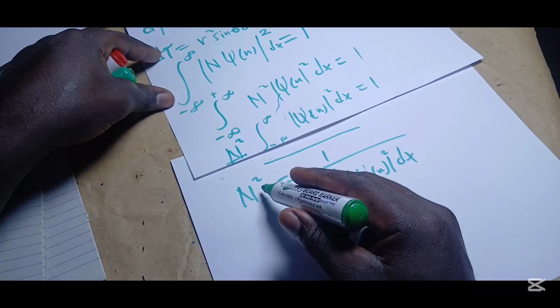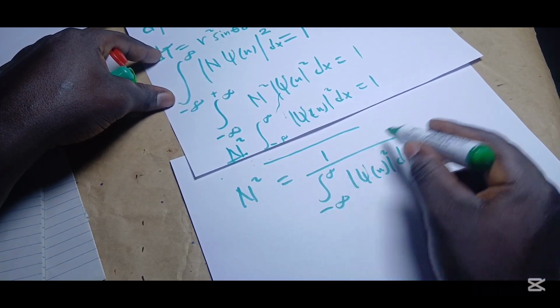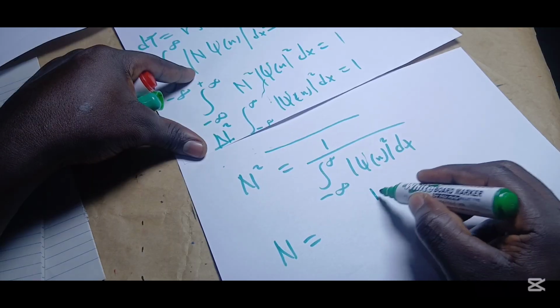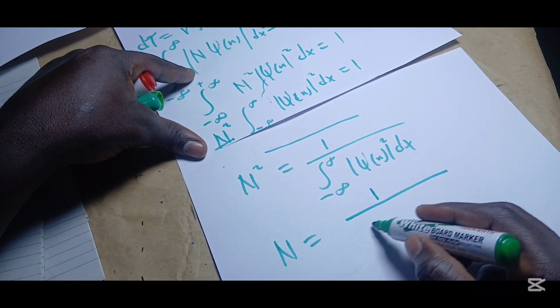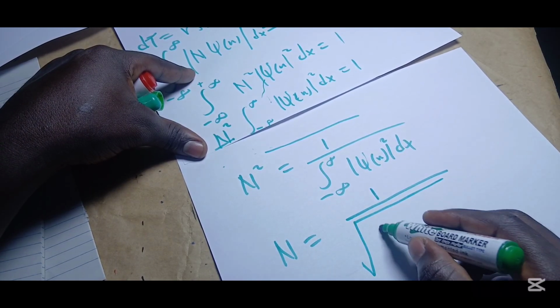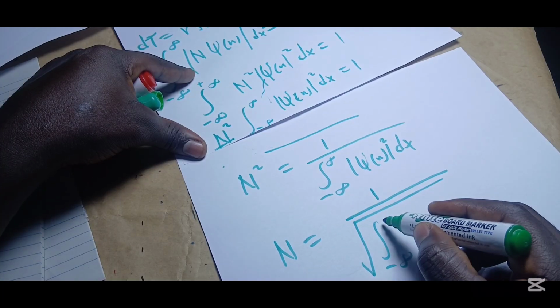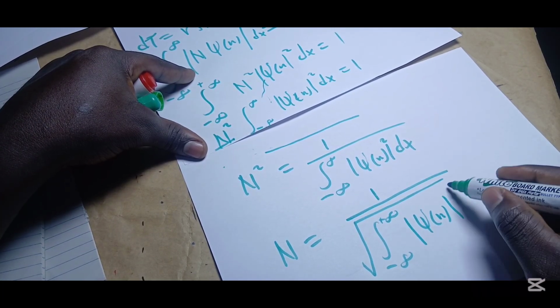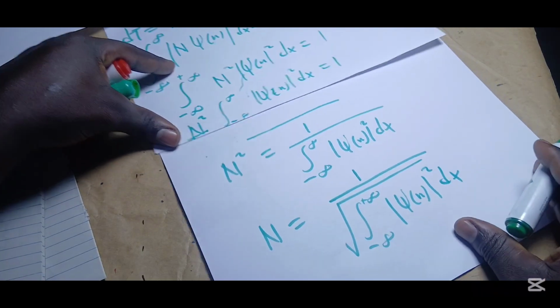Now, removing the square, if we take the square root of both sides, we get our normalization constant equal to 1 over the square root of the integral from negative infinity to positive infinity of absolute psi of x squared dx.